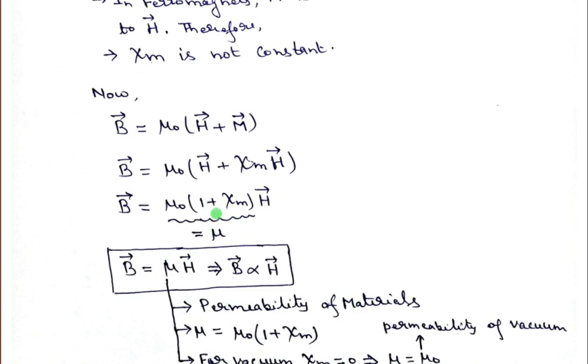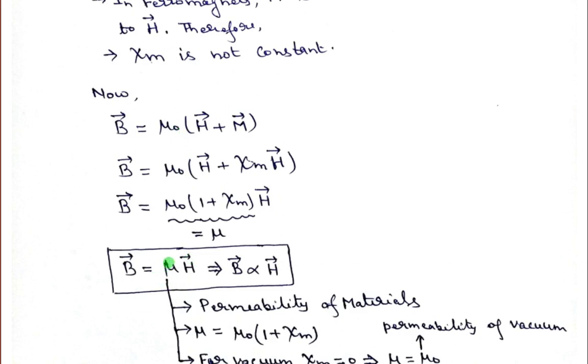Therefore the B vector for a material can be written as mu times H vector. For free space, as I used earlier, B vector is mu 0 times H plus M vector. But for a magnetic material we now have a new definition: B vector equals mu into H vector, instead of mu 0.